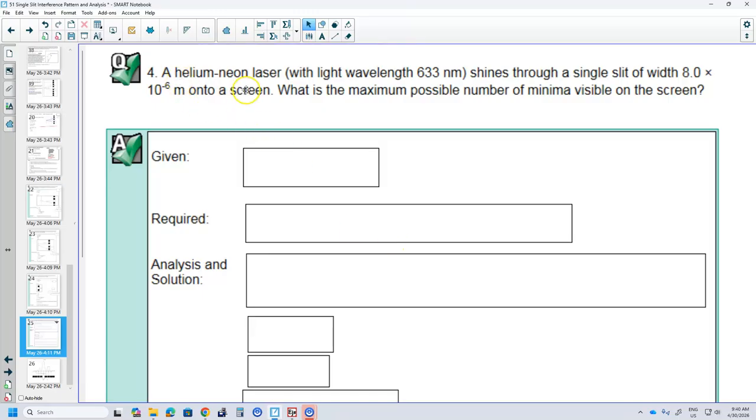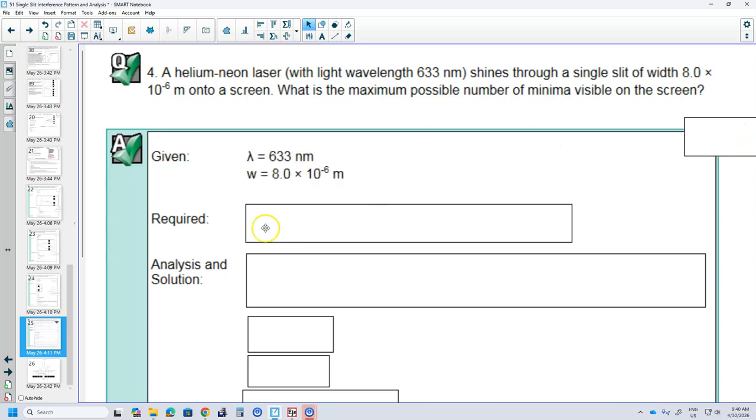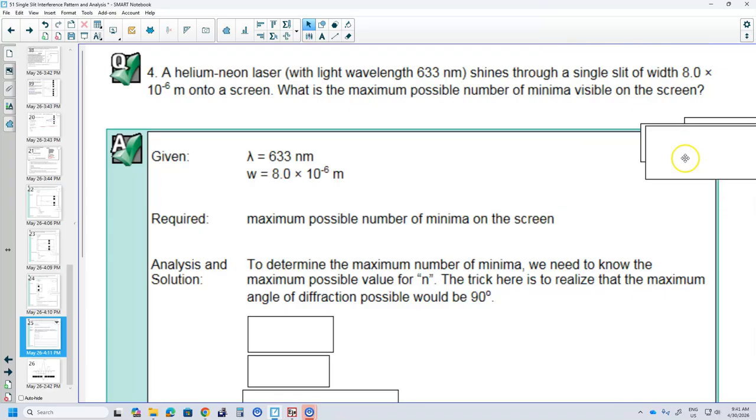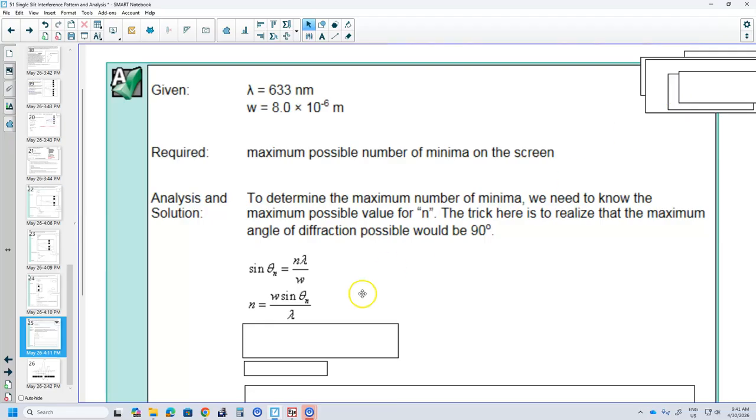A helium neon laser with a known wavelength shines through a single slit of a known width, super small width. What's the maximum possible number of minima, like dark bands on the screen? Kind of a weird question, but it says here, the maximum number, you have to think about the angle you'd go to for diffraction would be 90 degrees. That'd be the maximum. I don't like this question, to be honest, but I guess it sort of makes sense.